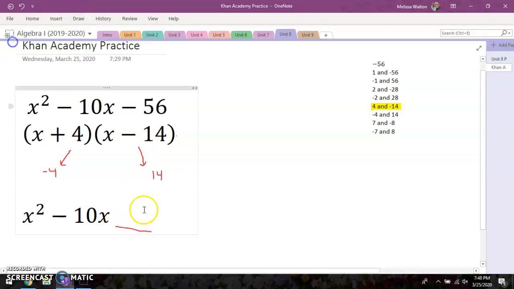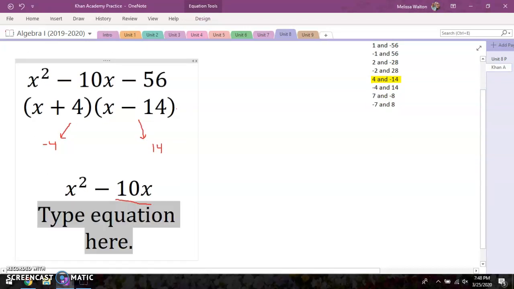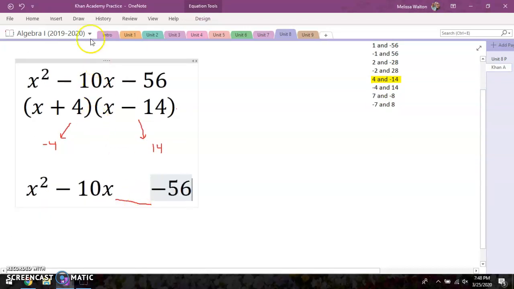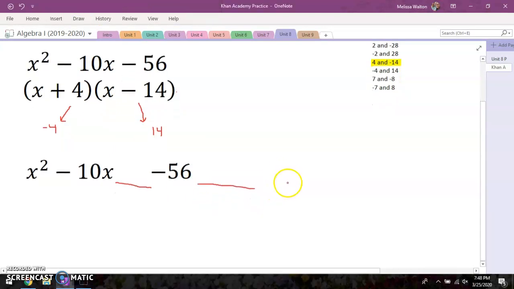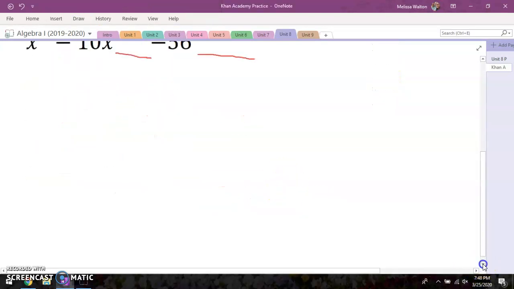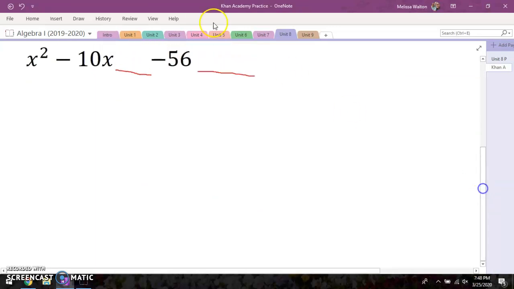And then finally, I'm going to move my negative 56 out here, and add a second blank right here. With this, I'm looking to complete the square. I want this to be a perfect square.